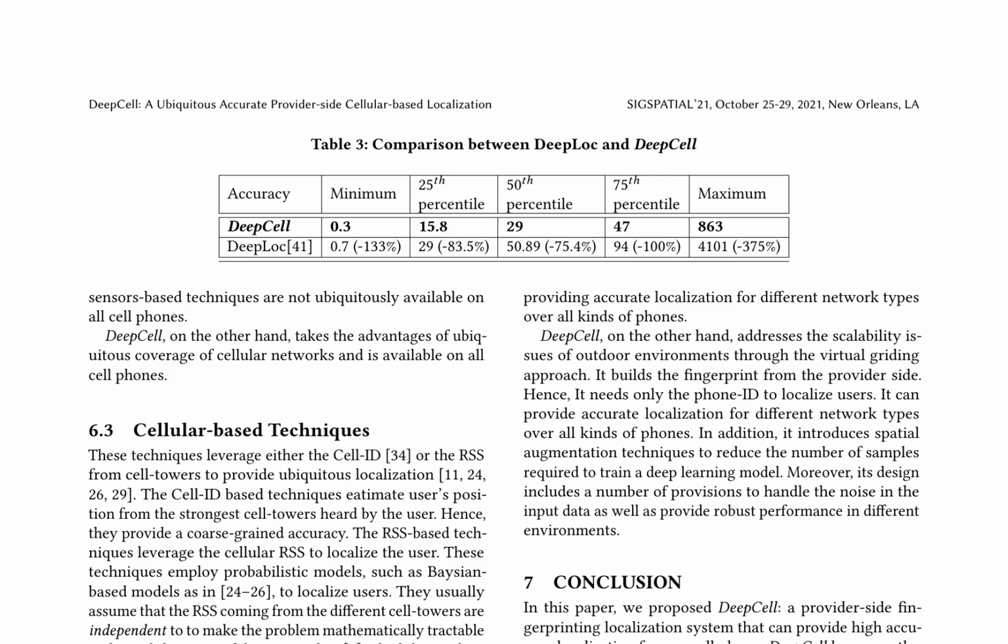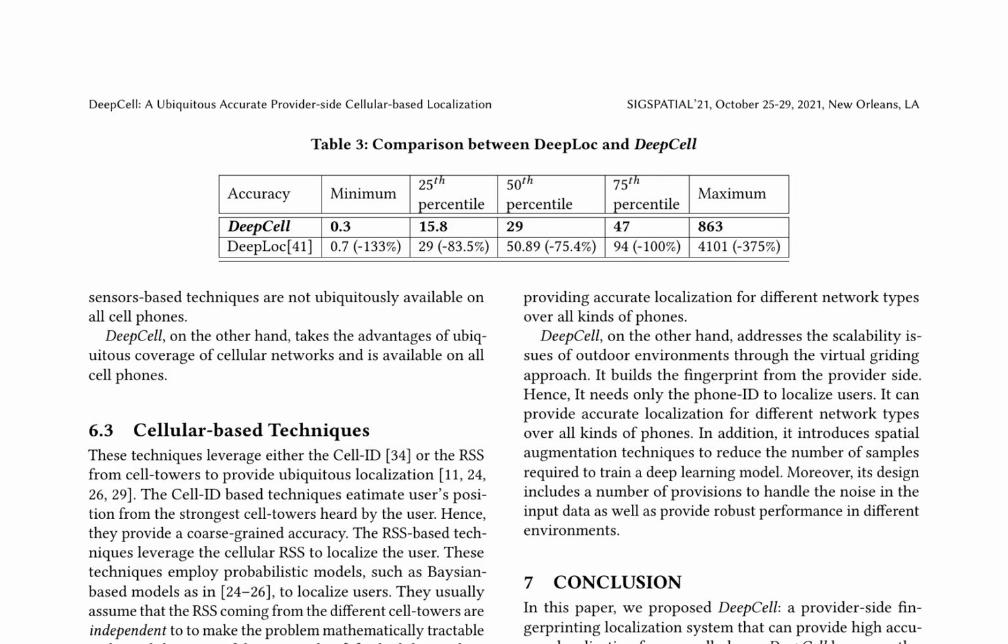The system builds a radio map from provider cellular unlabeled data and employs a deep neural network model for localization, capable of handling system challenges and noise in the input data. This approach yields a median accuracy of 29 meters, outperforming state-of-the-art cellular-based localization systems by more than 75.4%.